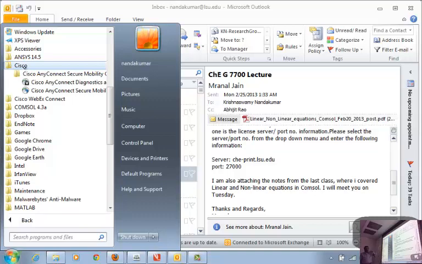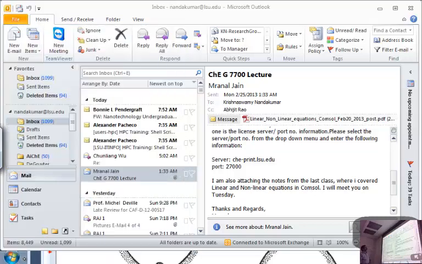Then from outside, when you start that program, it will ask you for LSU authentication. And once you authenticate yourself with your LSU user ID and password, then it is as if you are on the LSU network, even though you may be far away. And so you'll be able to access the license server and able to use it. Okay, so those are the two instructions about COMSOL.